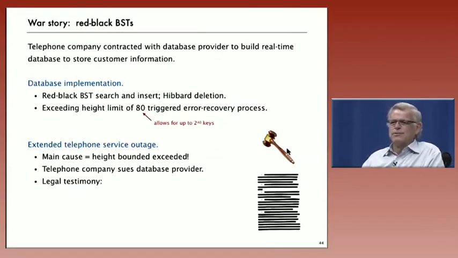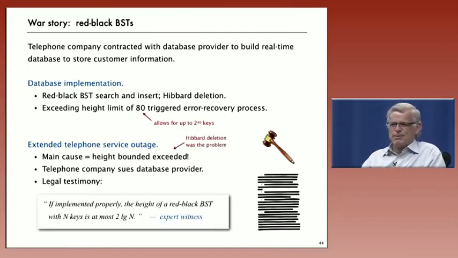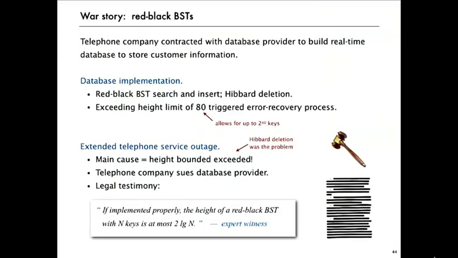And there was a lawsuit and some legal testimony. And happy to report that it was clear that Hibbard deletion was the problem once the expert analyzed it. And the expert witness, who's a colleague of mine, said if implemented properly, the height of a Red Black BST with n keys is at most 2 log n. So that's the story of Red Black BSTs, guaranteed logarithmic performance for all symbol table operations.